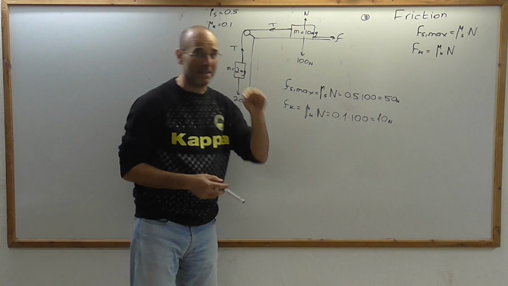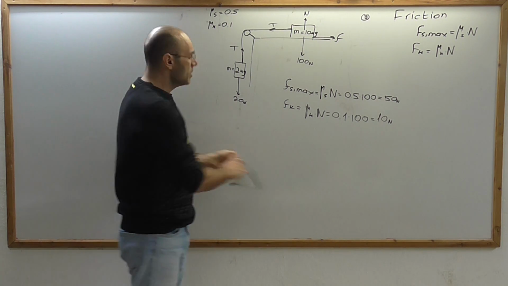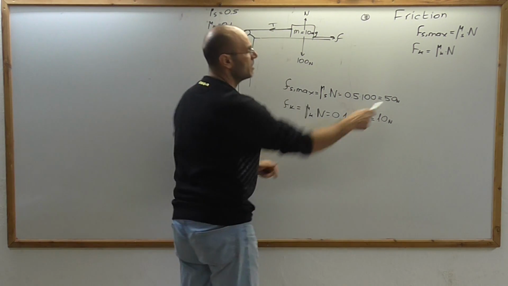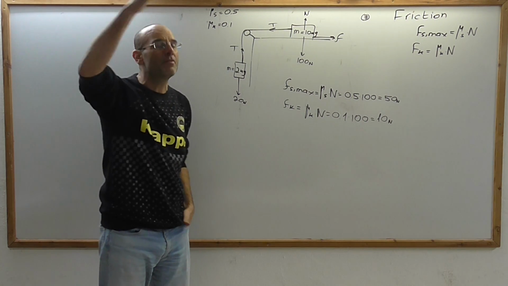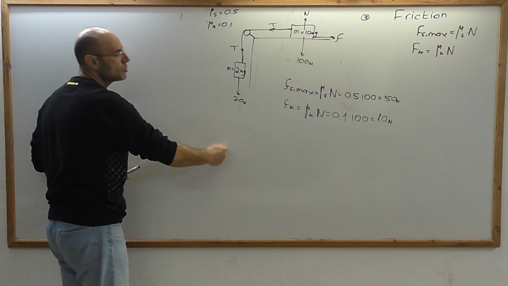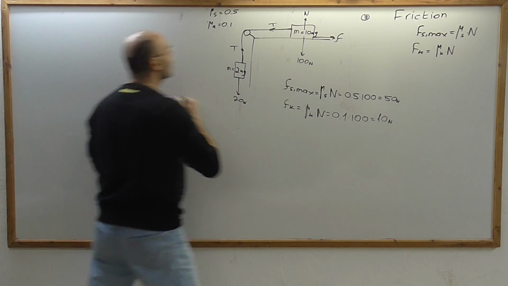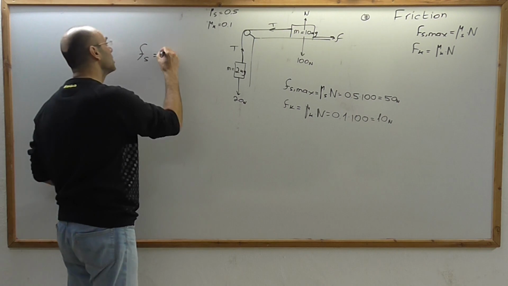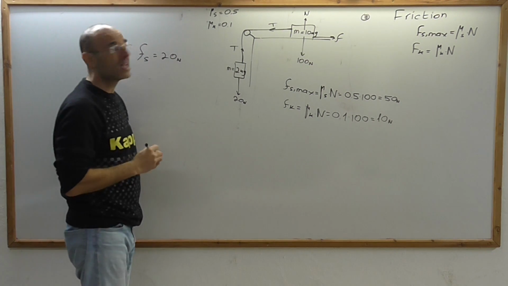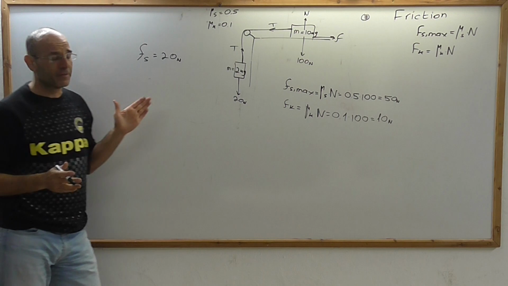So what will happen? The maximum friction can be 50, but it can adjust to the pulling force up until 50. So if the system is pulled by 20, the friction force will be static, not static max, but it will be 20 newtons, and the system won't move.